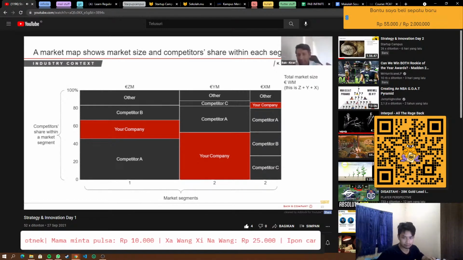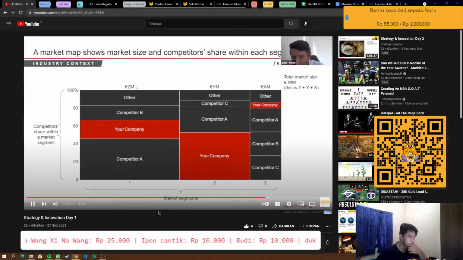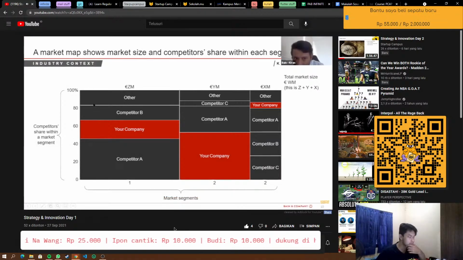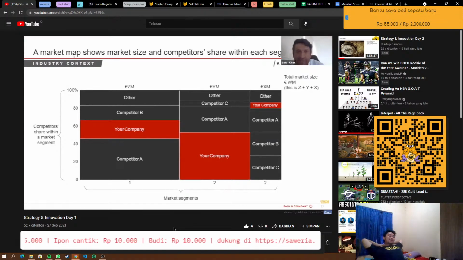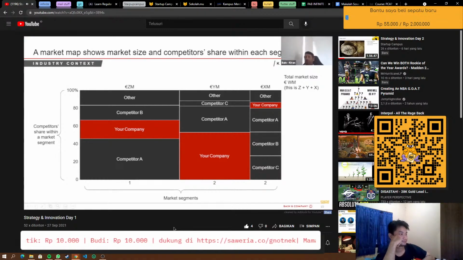The chart is very self-explanatory, but what it means is for each of the market segments that you operate in, on a total revenue pool of 100, what are the various companies and where does your company stand relative to competition across each of these segments you operate in? Now, we have realized that companies don't spend enough time doing this.